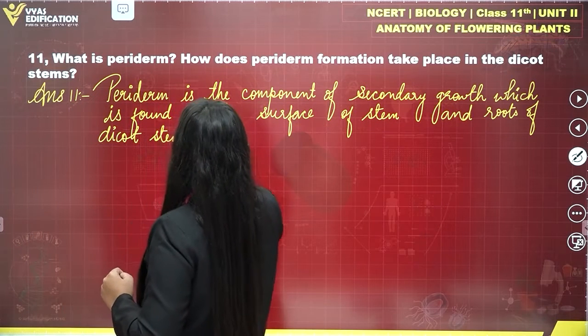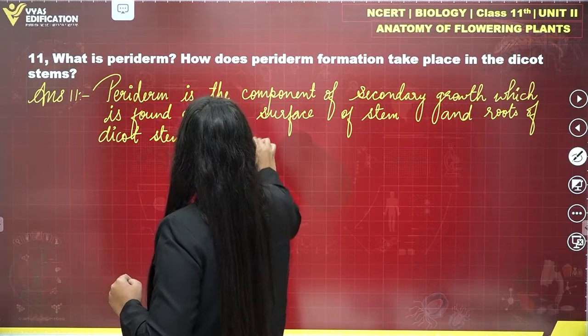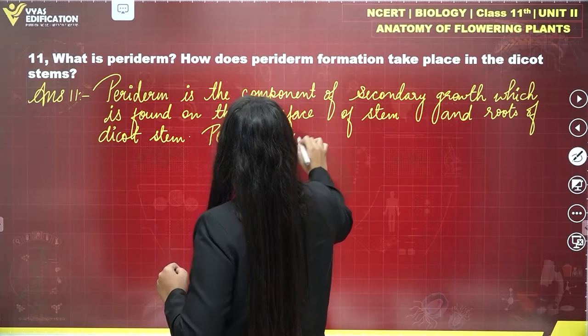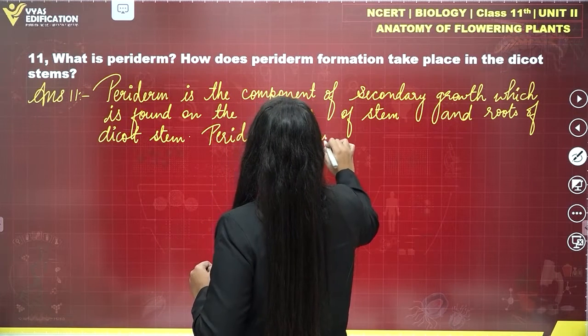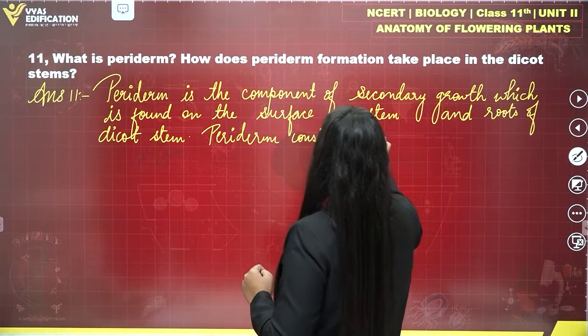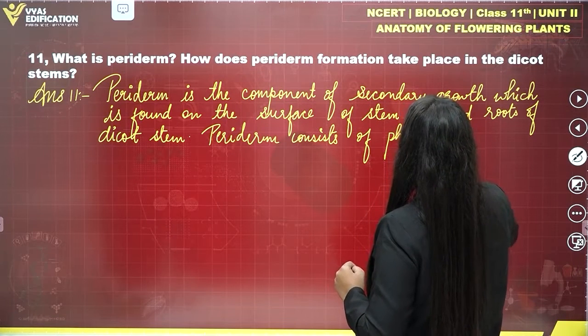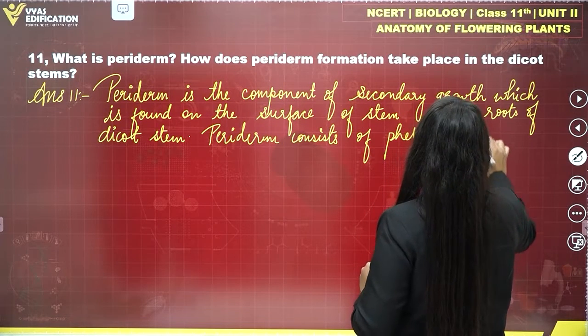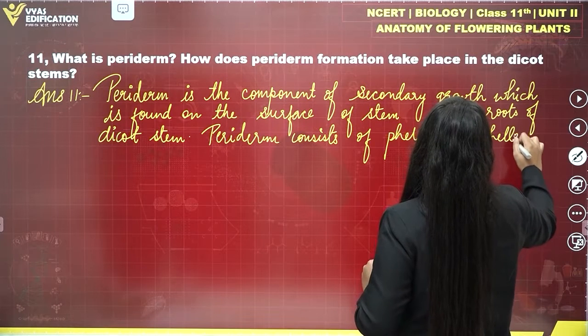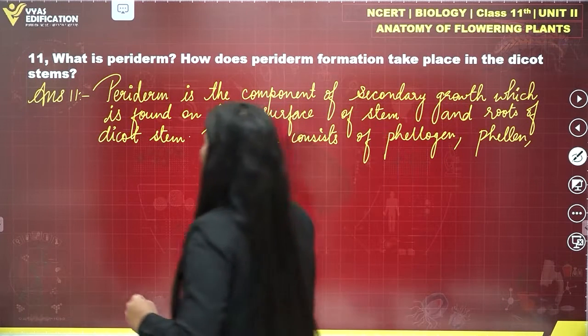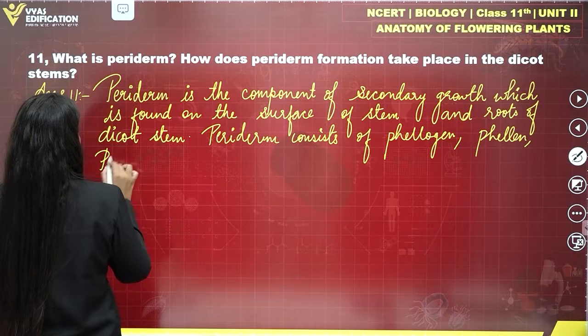Now this periderm consists of phellogen, phellem and phelloderm.